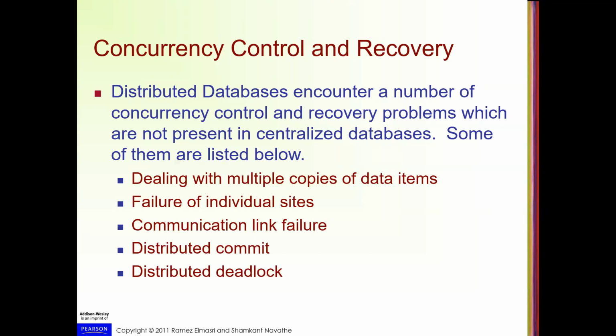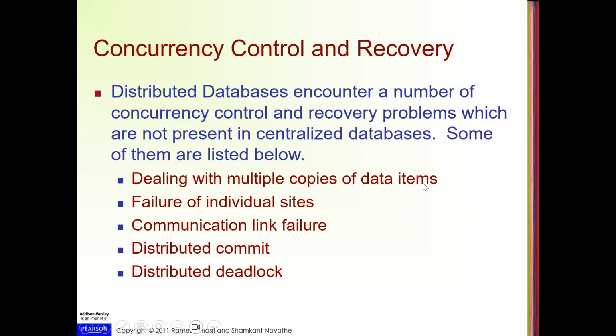Now let us see how to take care of concurrency control and recovery of the database in distributed database environments. Distributed DBs encounter a number of concurrency control and recovery problems which are not present in centralized databases. So now we have new concurrency issues. Some of them are listed below.